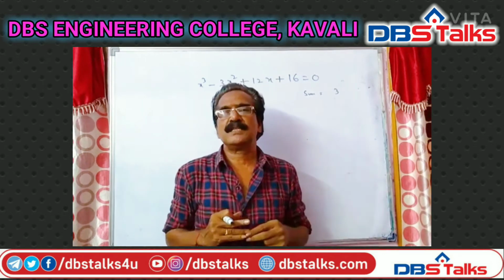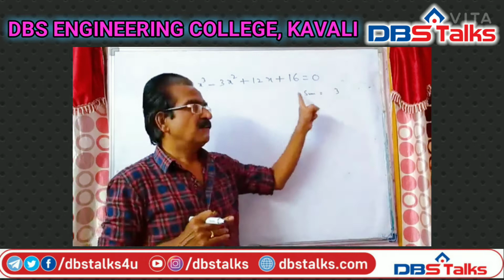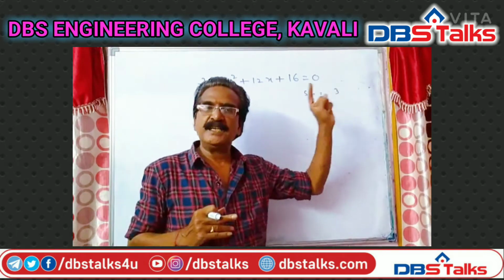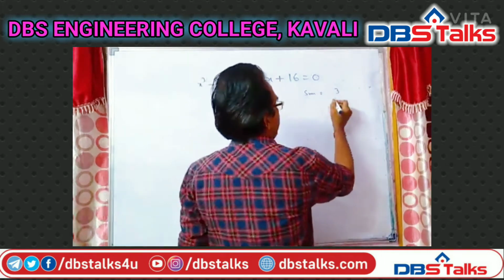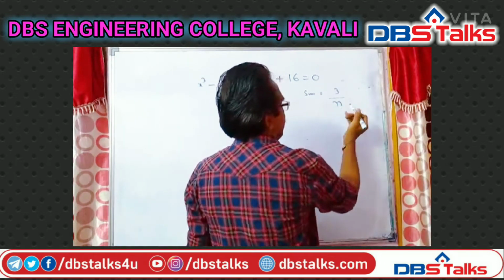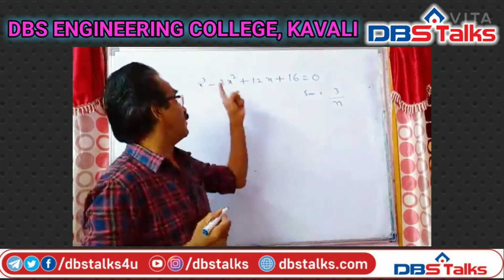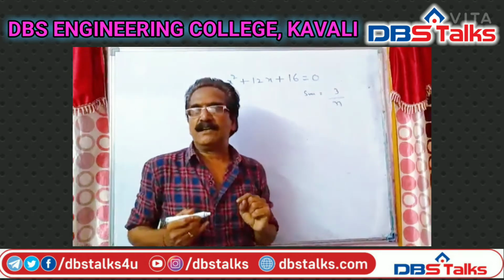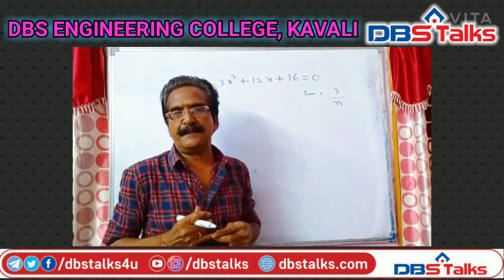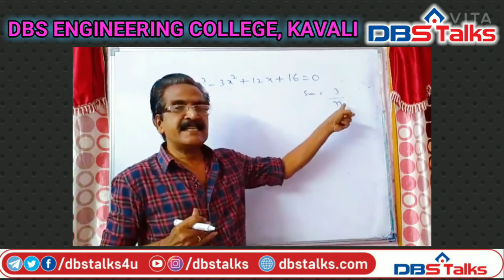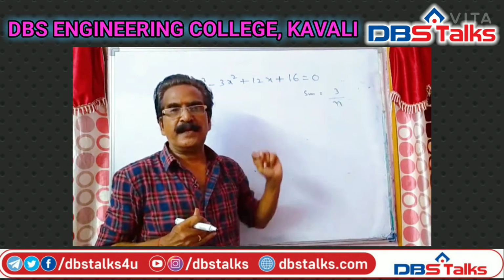So for this question, how we have to proceed? First you find the sum of the roots. Sum of the roots divided by n. What is n? N is the degree of the polynomial. This is an nth order polynomial, that is a third degree polynomial.